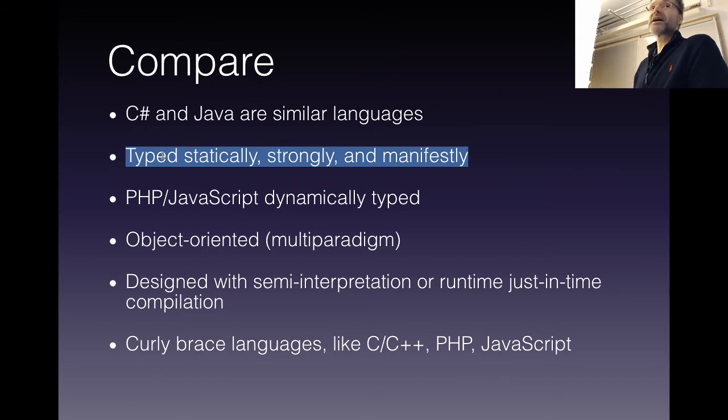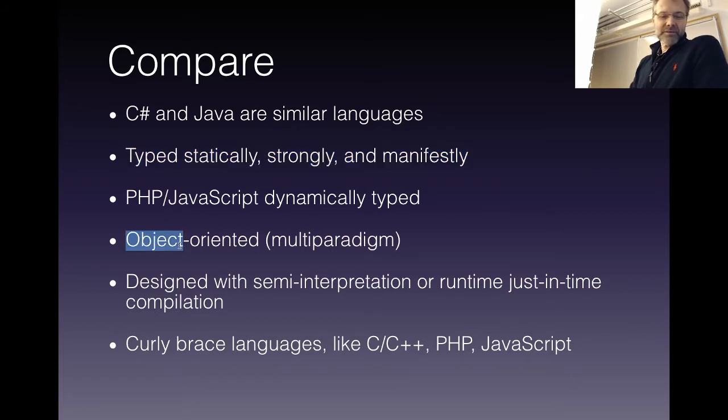So compare that to PHP and JavaScript, which are weakly typed. The type of a variable is implicit by its content. It's just a holder and it can contain an array, a string, a boolean, whatever, doesn't matter.